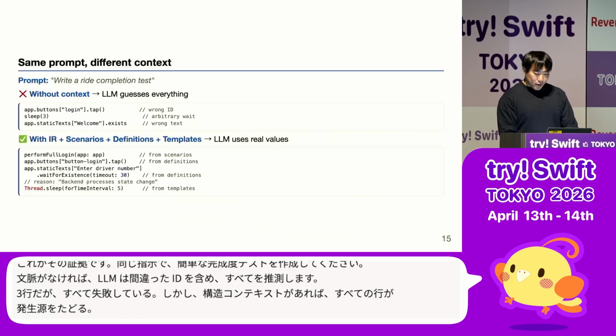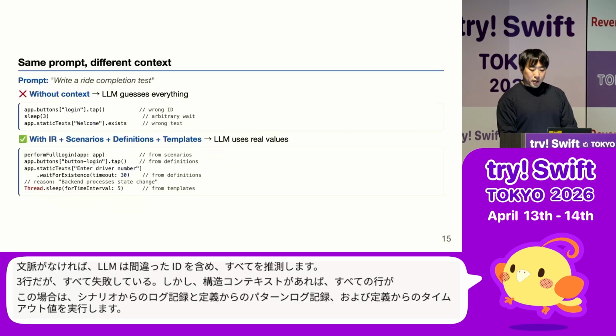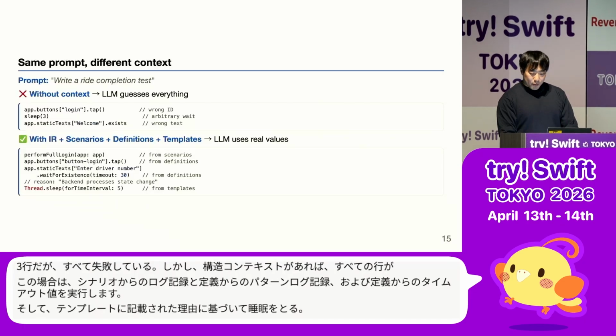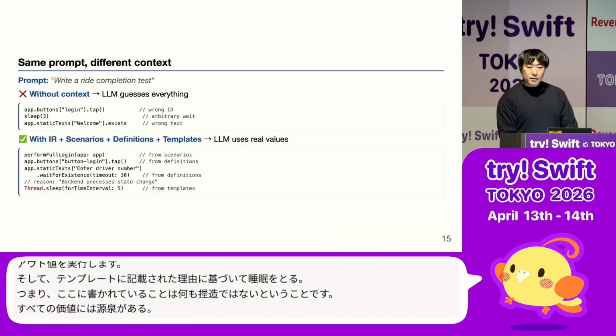In this case, perform login from scenarios, the login pattern and timeout value from definitions, and the sleep with the documented reason from the templates. So nothing is made up here. Every value has a source. That's the key difference structure makes.